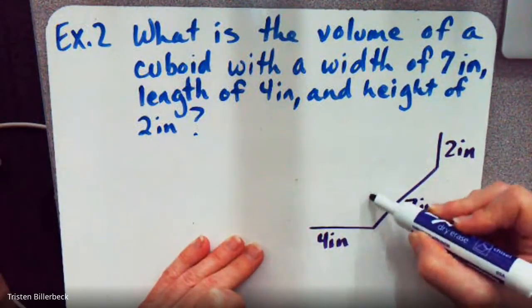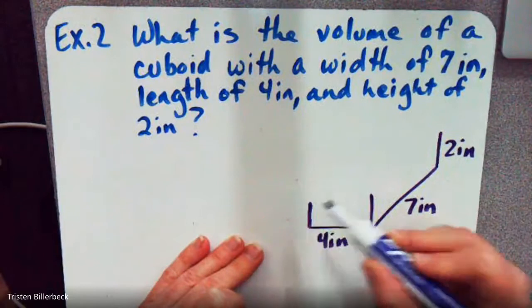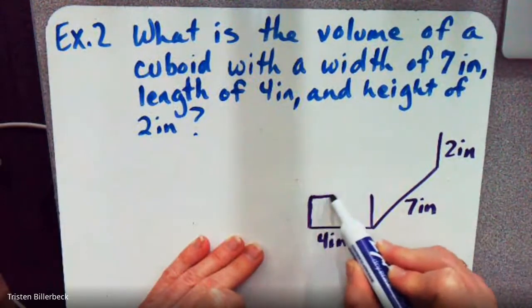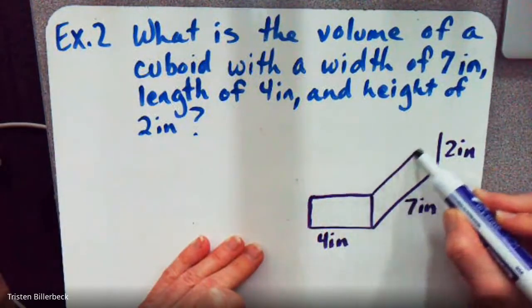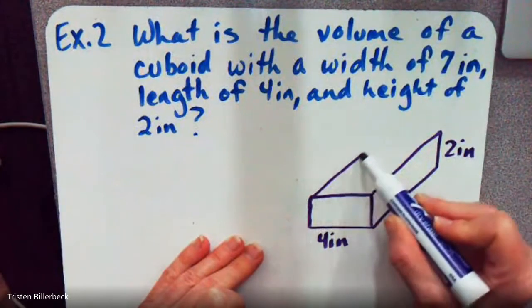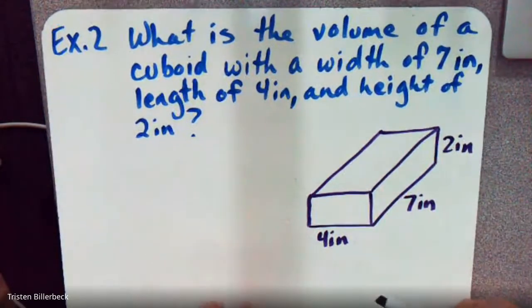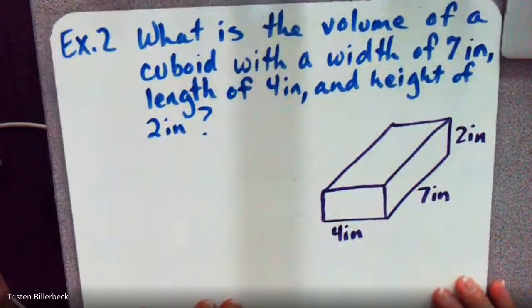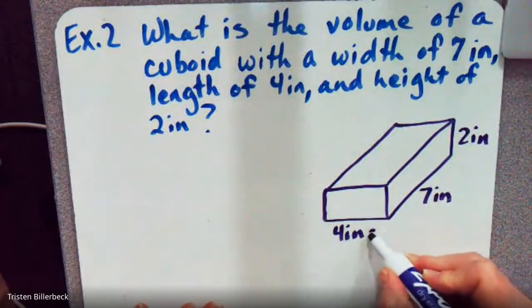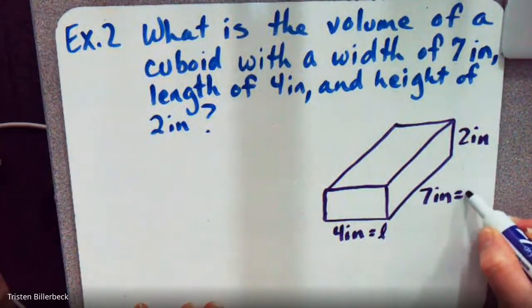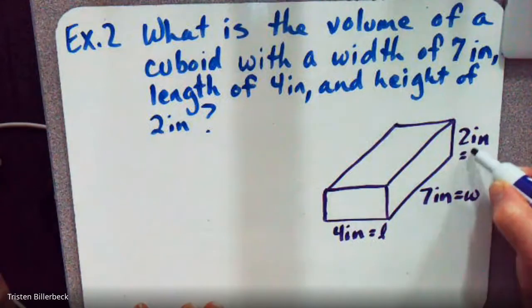All right, so let's go ahead and draw that 3-dimensional figure. Okay, so it's always a great idea to draw out what you're trying to solve. So now we know we have a length of this, a width of this, and a height of this.